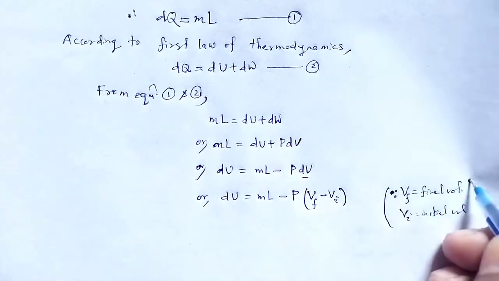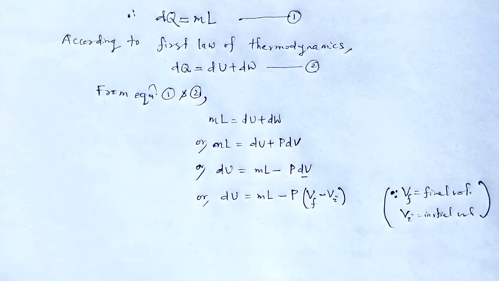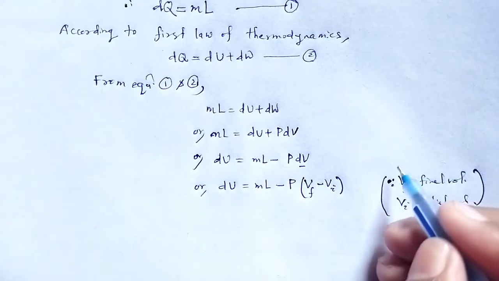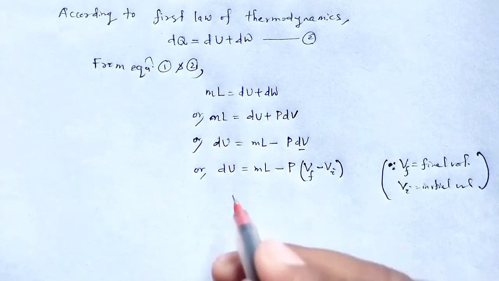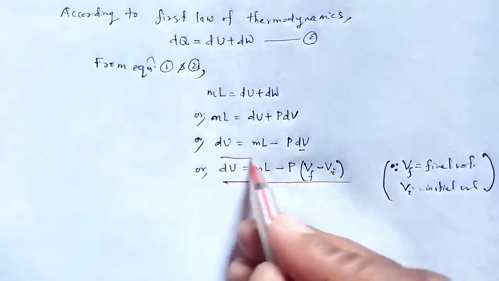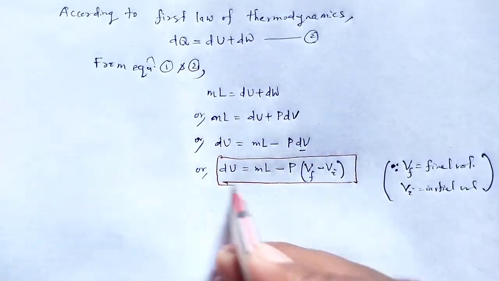So the change in volume is dV, and dU is equal to mL minus P dV.